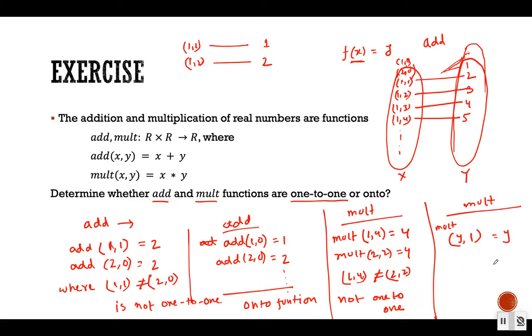So for every value in my y set, I will find an ordered pair in my x set for which this output is possible. So that means it's an onto function. All right, so that's the answer. We'll talk about the rest of the topic in the next segment.